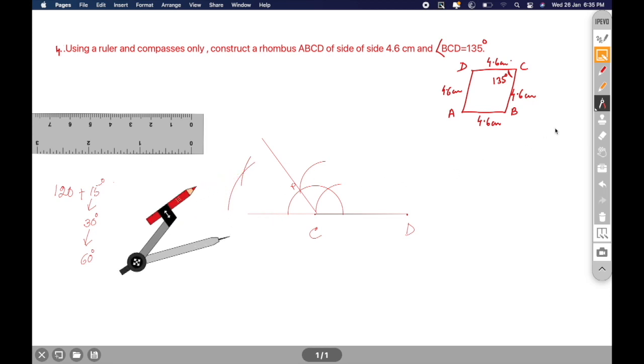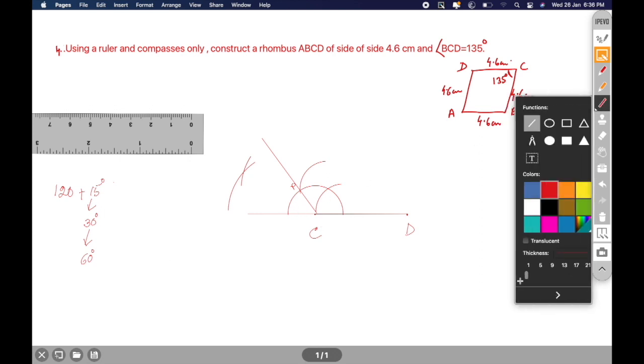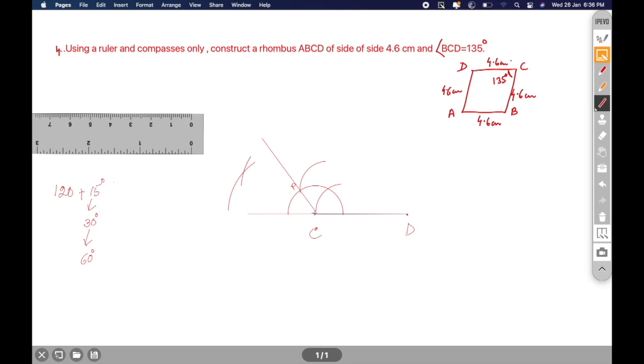Now if we join the point of intersection of the 2 arcs with C, the construction of 30 degree will be over. So let us join and produce.